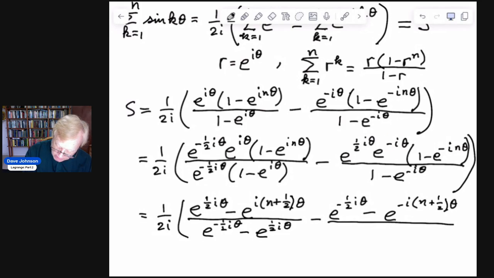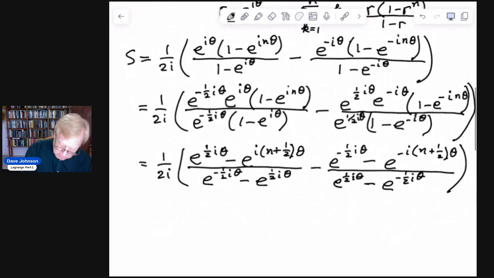And then downstairs, you're going to have, oops, forgot to write the e to the 1/2 i theta. And so you'll get e to the 1/2 i theta minus e to the negative 1/2 i theta.